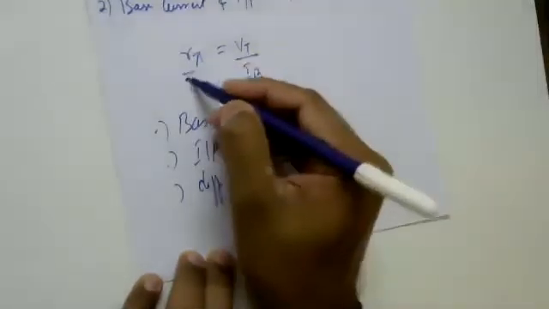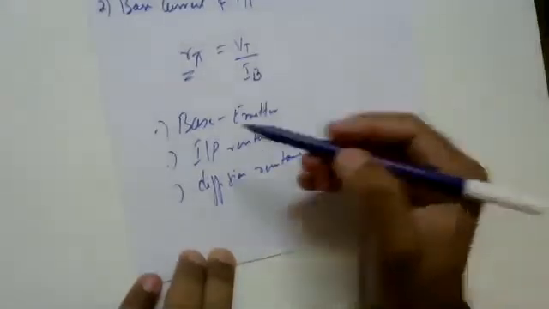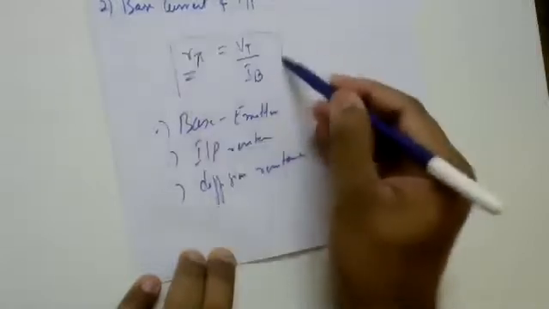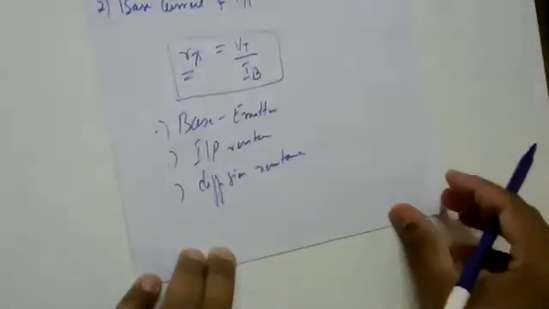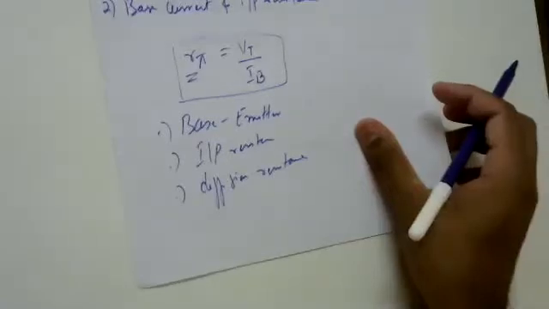So r pi is defined as VT by IB, called the base emitter resistance, input resistance, or even a diffusion resistance.